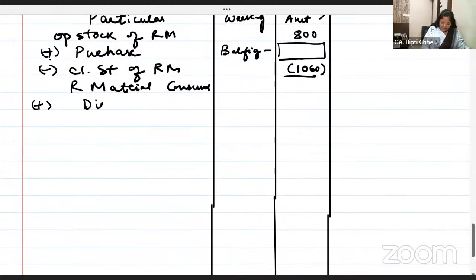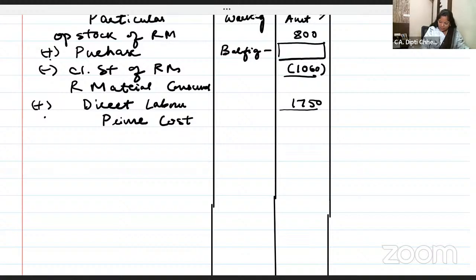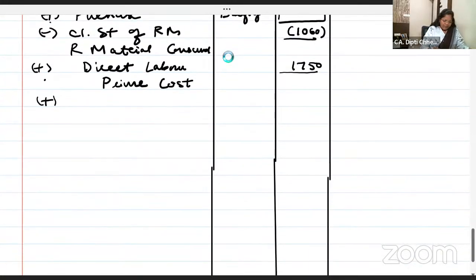Add direct labor. Direct labor 1750. Direct expenses, I don't know. It's not there. So we'll skip it. What you get is called prime cost. In the prime cost, add.